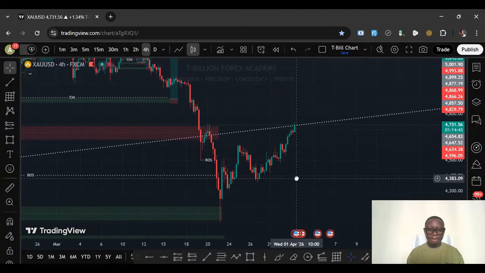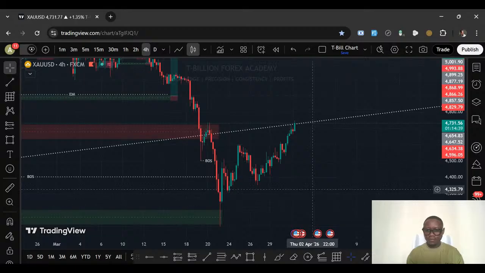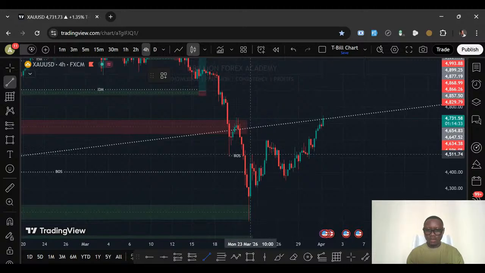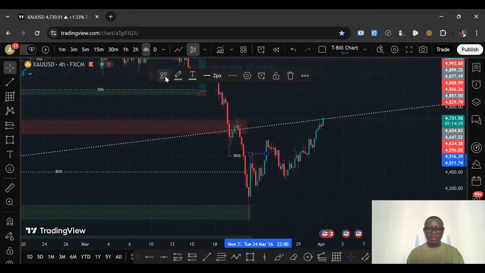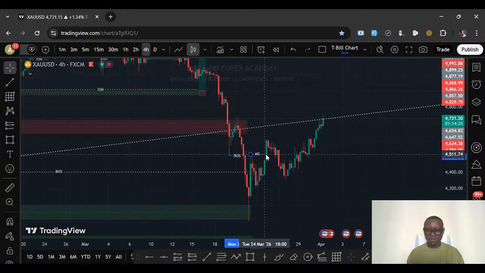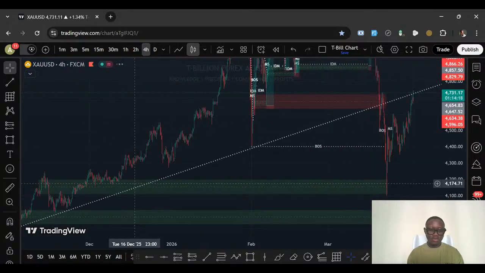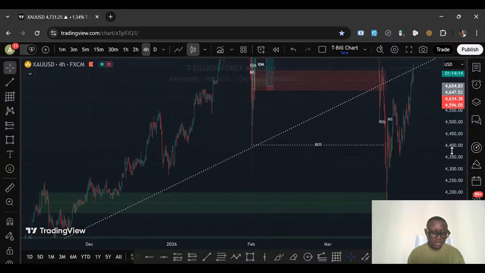Okay, so on the 4H time frame, we have this market structure shift right here. If you look at where price is coming from, price reacted at another block zone, right?